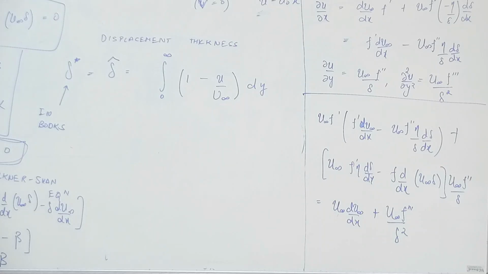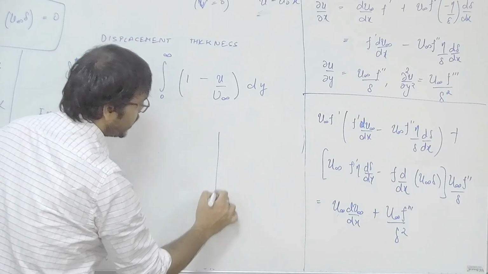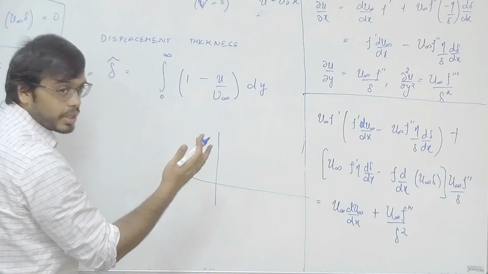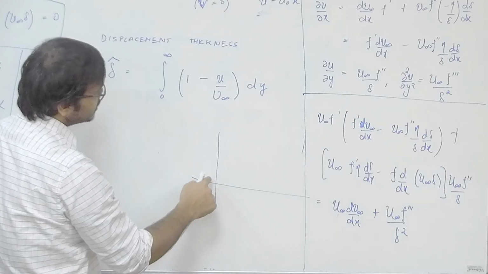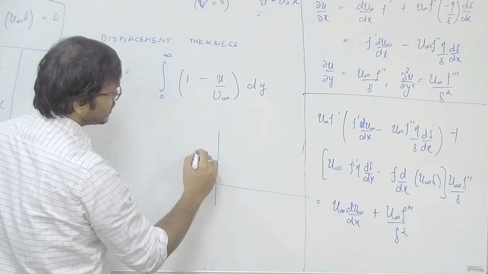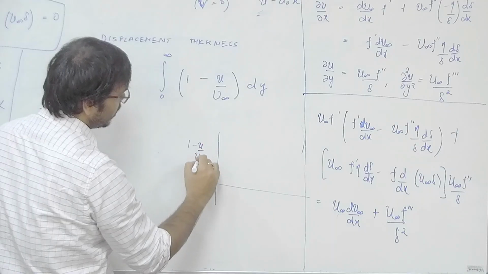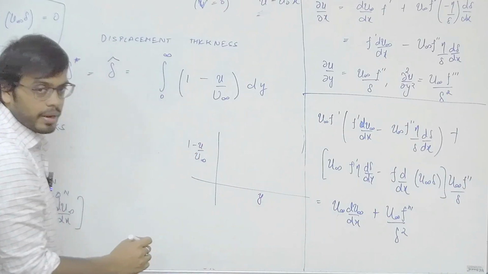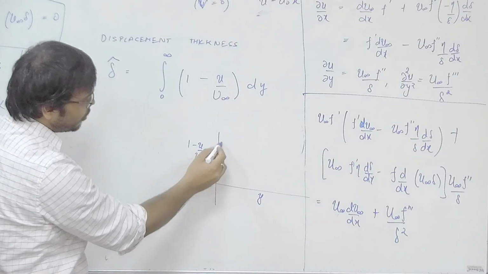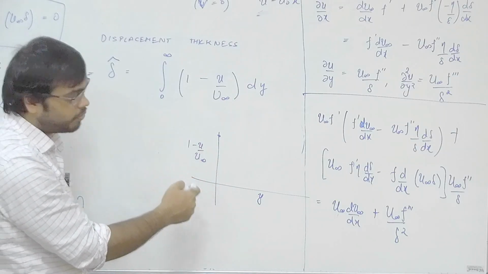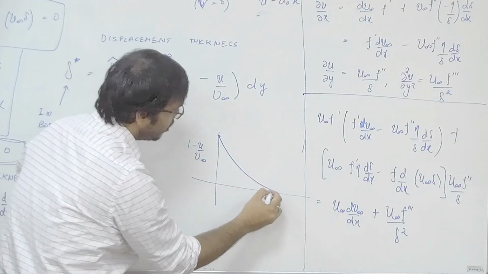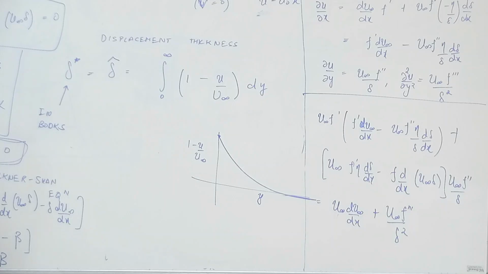Now you will want to ask the question, okay, what does it mean for this quantity to be looked at? Why is it very important? Why is it very useful? Let us say we plot 1 minus u by u infinity versus y at a particular x location. It is going to start from 1 because u is 0 at the wall, and it is going to approach 0 like this.